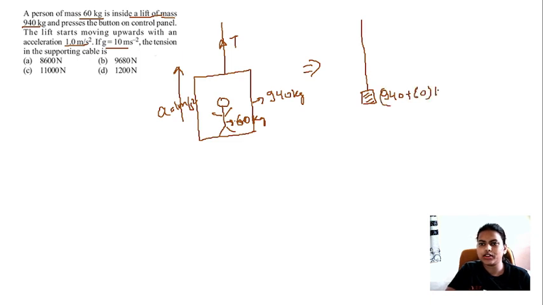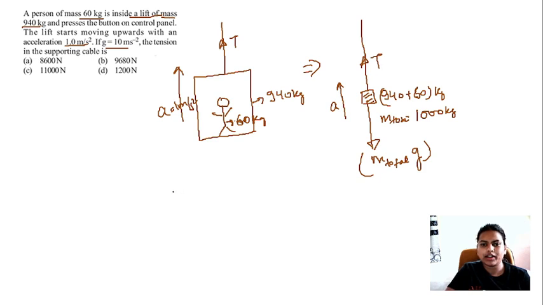So the total mass is equal to 1000 kg. This system is accelerating upward with acceleration A, and m total into g is acting downward, and the tension is there.